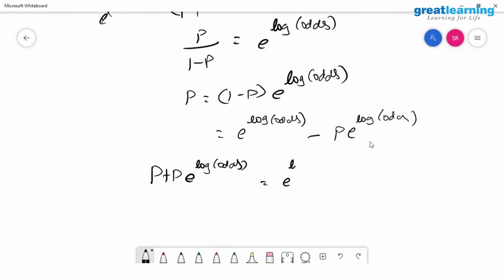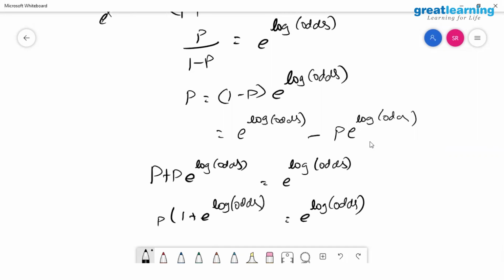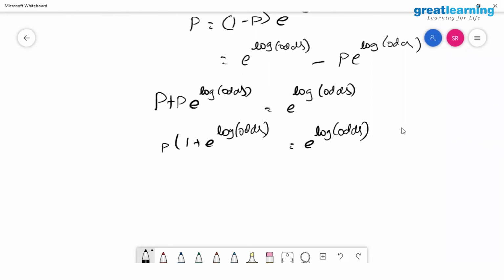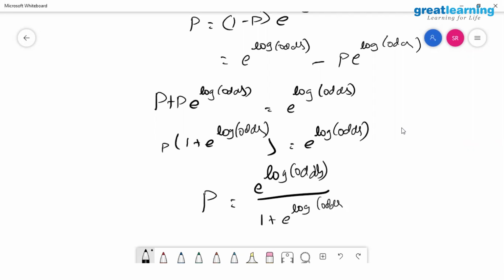I'm explaining this derivation so that you don't forget it later. P times 1 plus e power log odds is equal to e power log of odds. Therefore, the probability value is e power log odds divided by 1 plus e power log of odds. That's how you derive this P value.